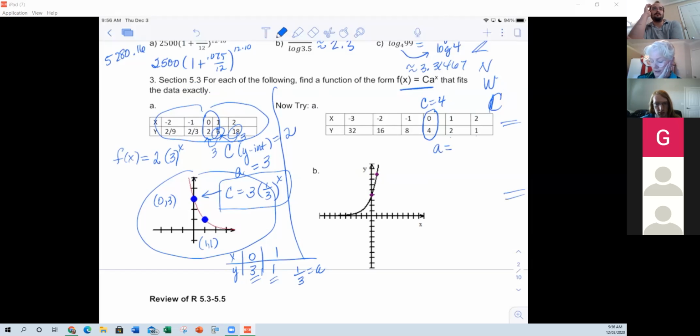It's because 1 divided by 2, 2 divided by 4. So you take any number in the chart and divide by the one right before it, and that'll give you your A. So this would be f of x equals 4 times 1/2 to the x.